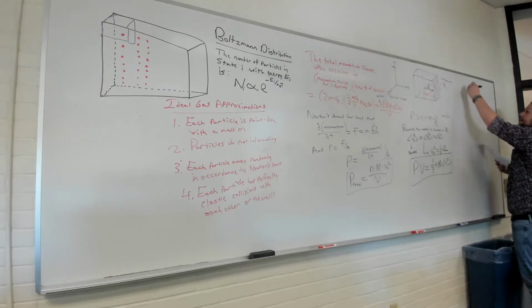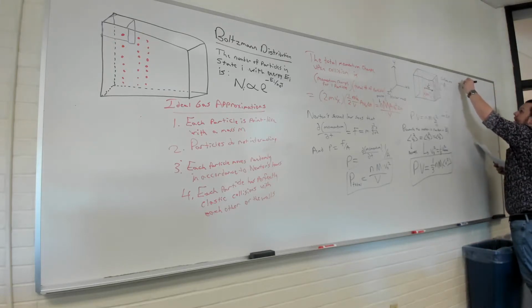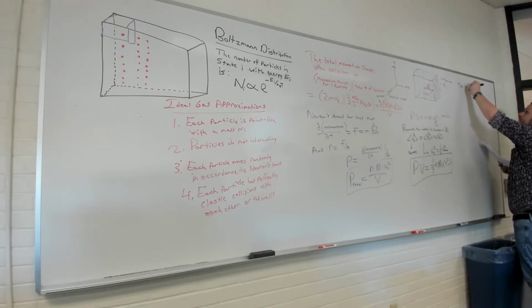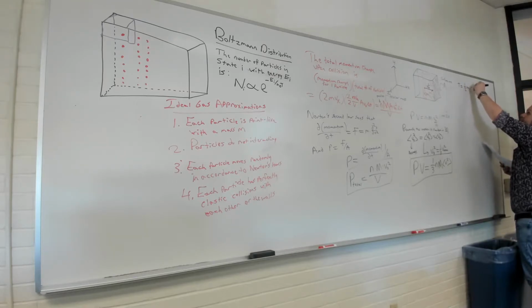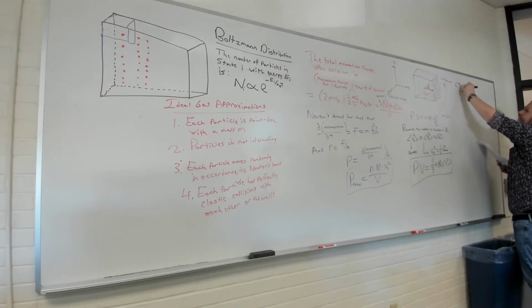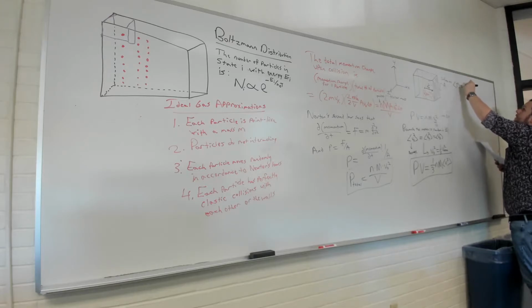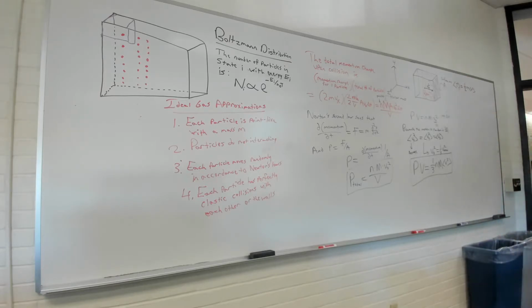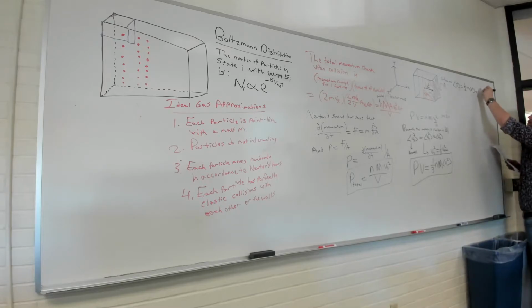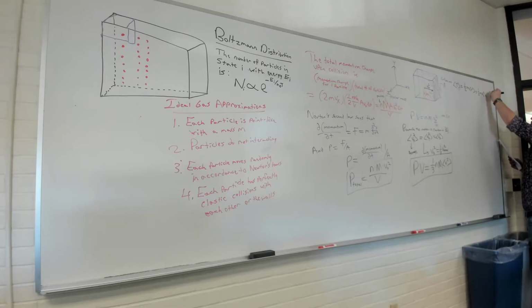So what we can say is that the total kinetic energy of the particle is 1/2 mv squared. So the average kinetic energy, rather, let me write that. 1/2 mv squared, which I'll just break down as 1/2 mvx squared plus 1/2 mvy squared plus 1/2 mvz squared.